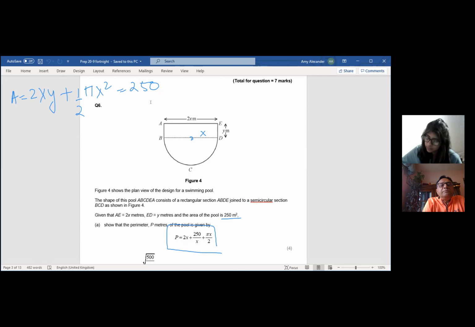So we'll multiply everything by 2. So we get 4xy plus pi x squared equals 500.